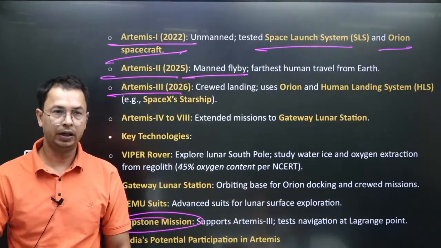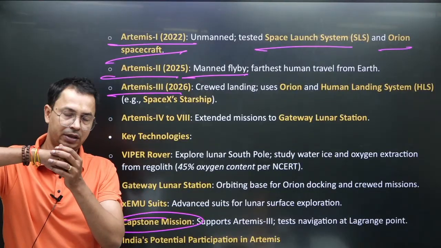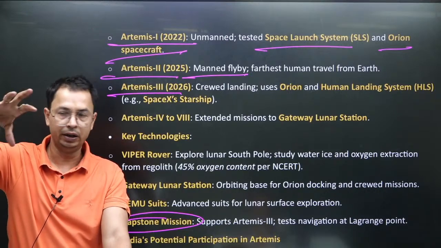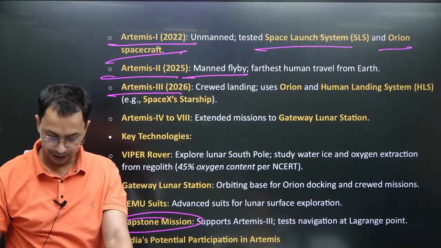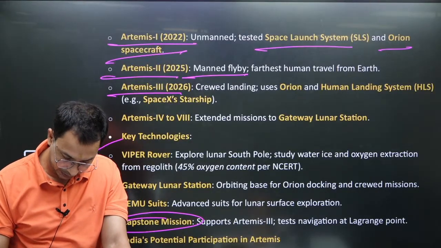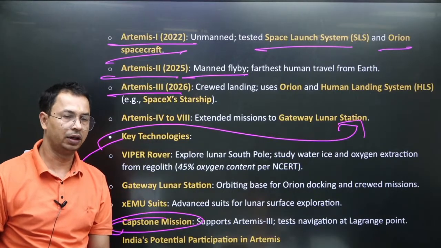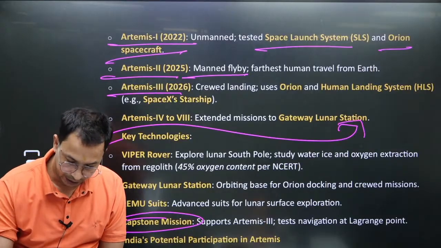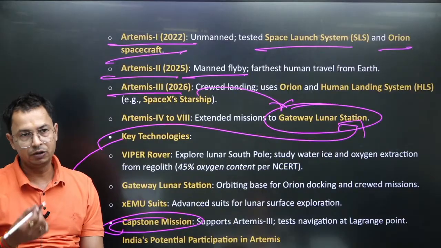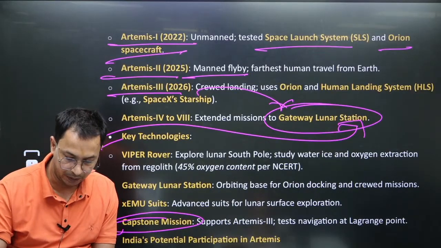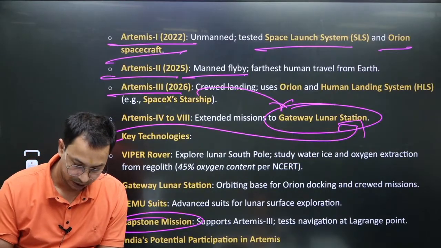CAPSTONE is a microwave-oven-sized satellite that will be placed at a Lagrangian type of point between the earth and moon, where the gravity of both bodies balances each other, and at that point they will establish the Lunar Gateway, also known as the lunar space station. And after Artemis 3, every landing from Artemis 4 will be done using the Lunar Gateway.